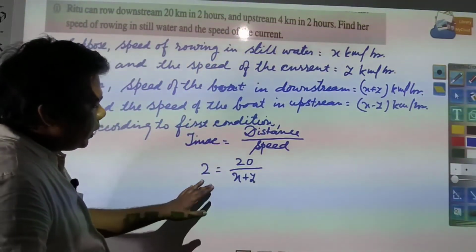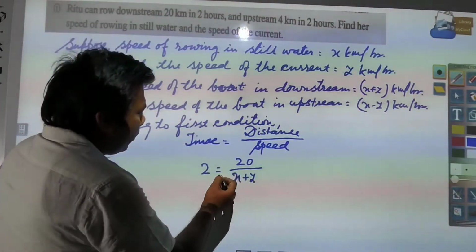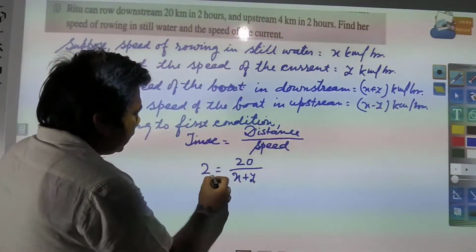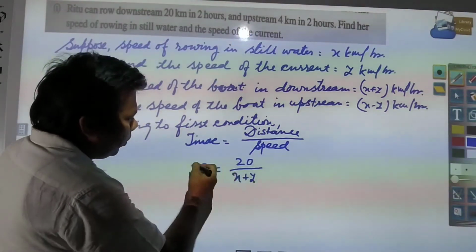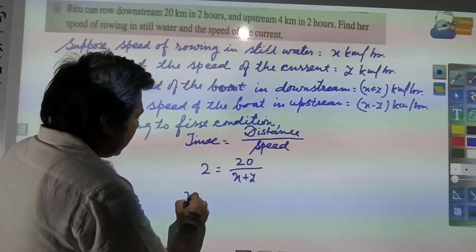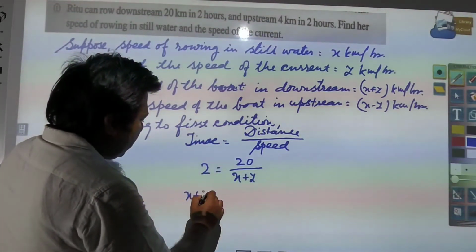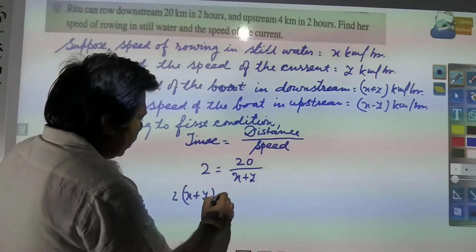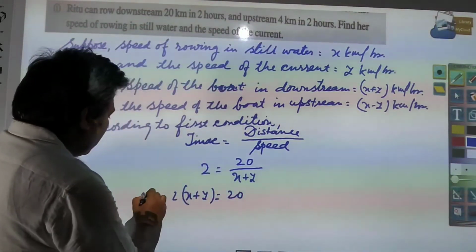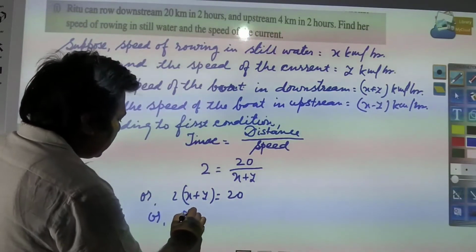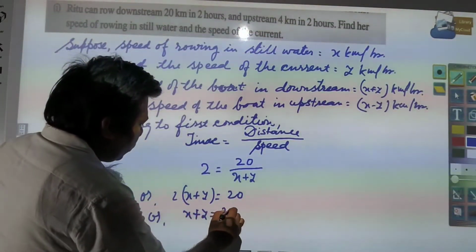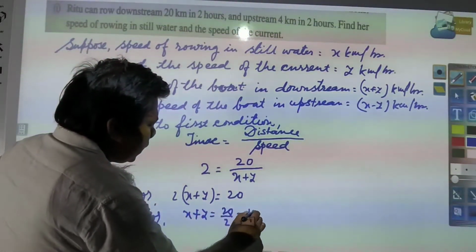You will get the first equation. Here you see, suppose this is 2 by 1, and if you do cross multiplication, you will get x plus y into 2 is equal to 20, or x plus y will be equal to 20 by 2, which is 10.